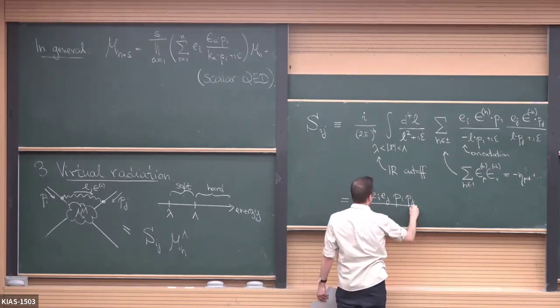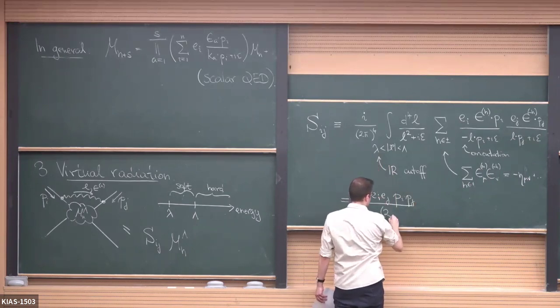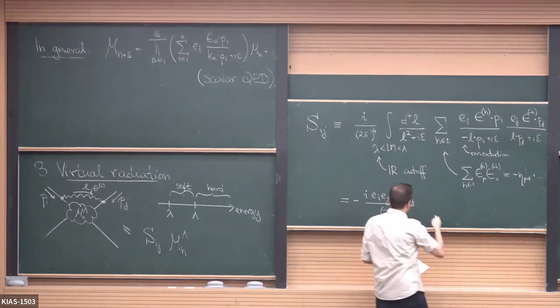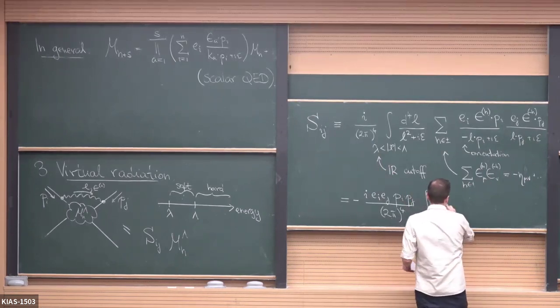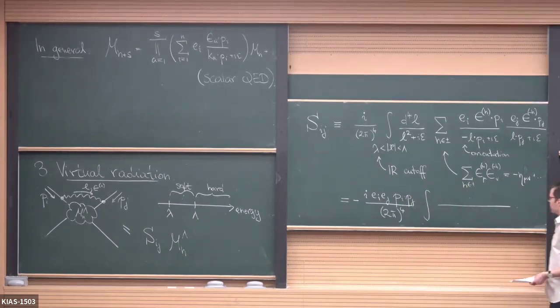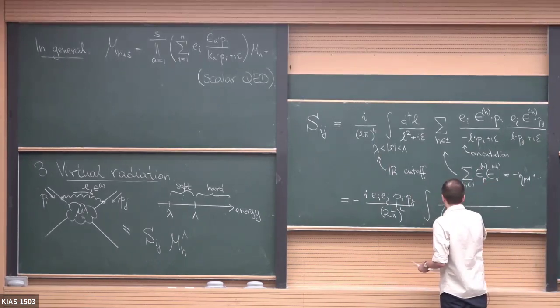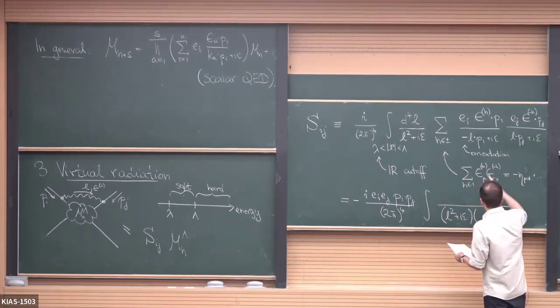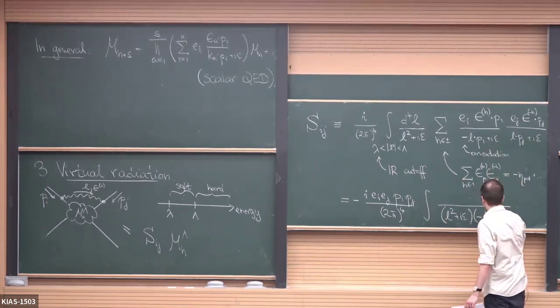And then I have the normalization. And then in the end, what I have to do is a 4-dimensional integral over L squared with i epsilons, and then this and this.